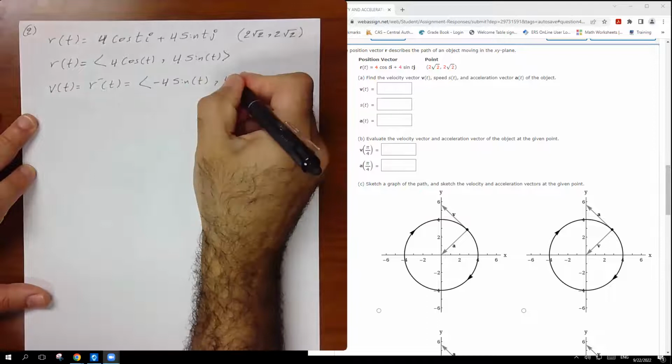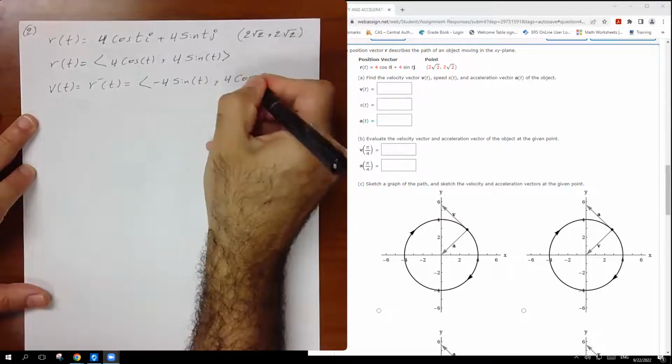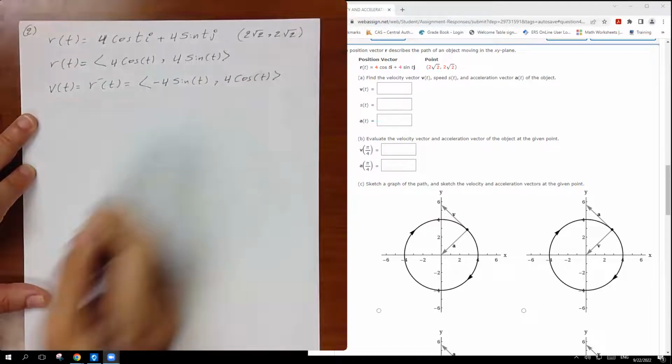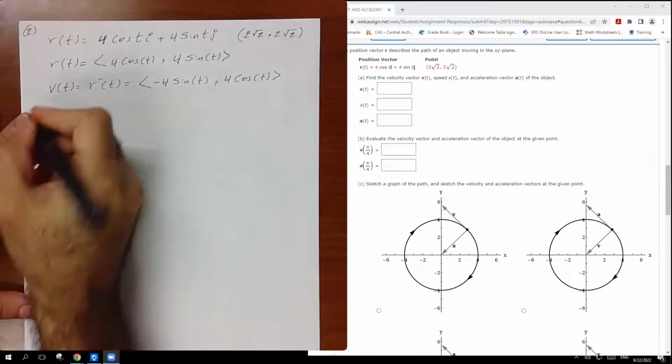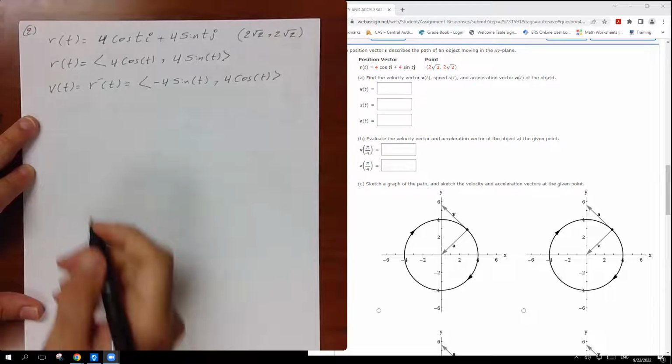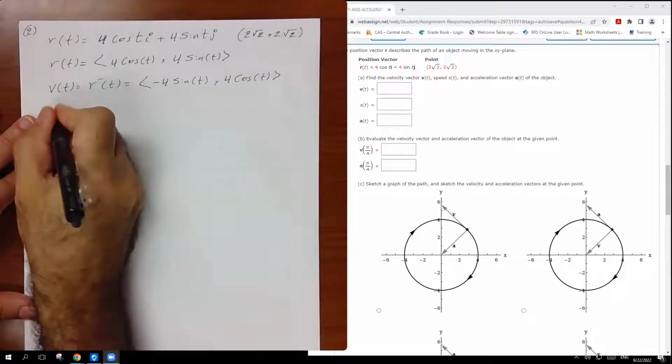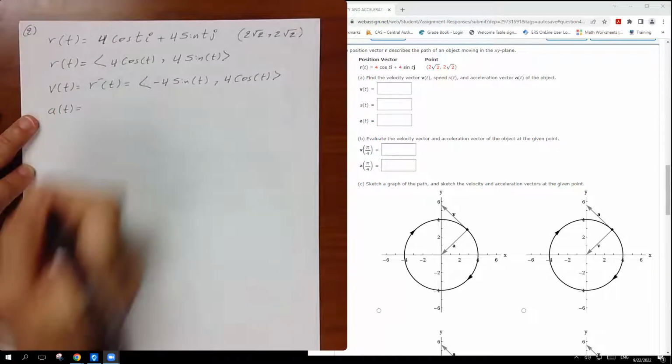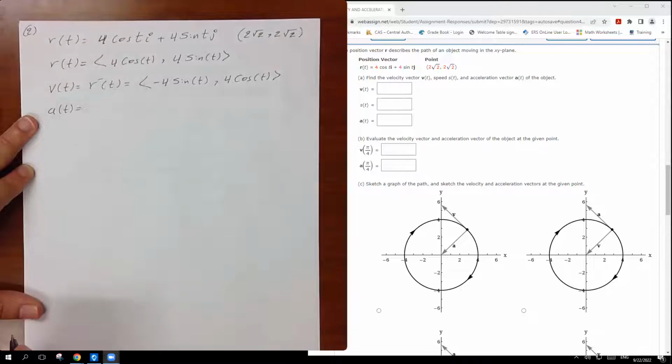So this one is going to be 4 cosine t. This is the velocity. To find the acceleration for this one, we didn't do it in the previous example, which is okay. Let's find the speed first.